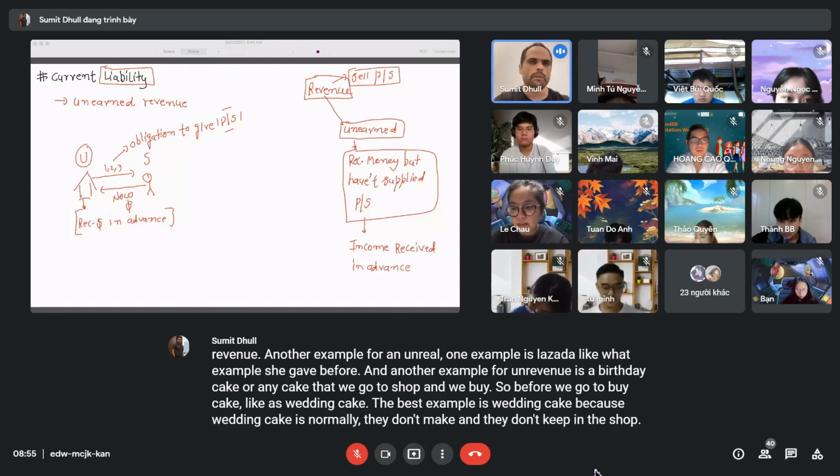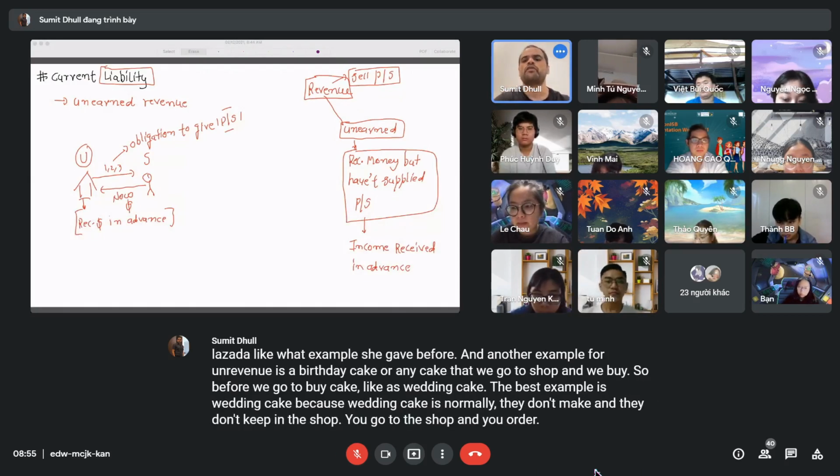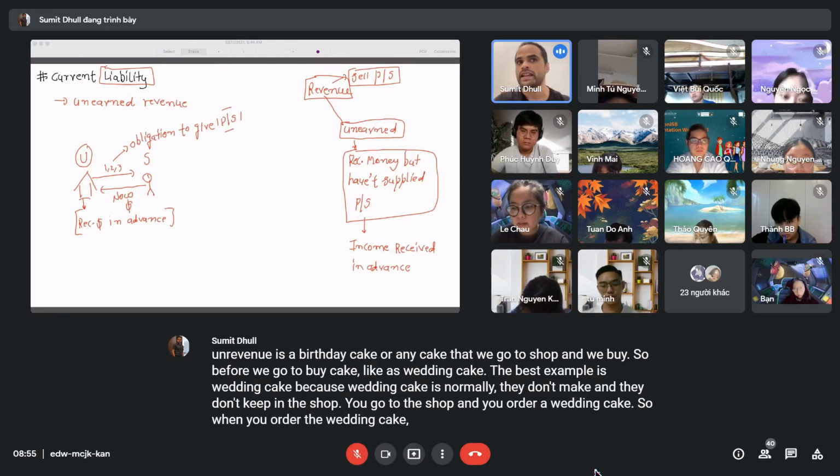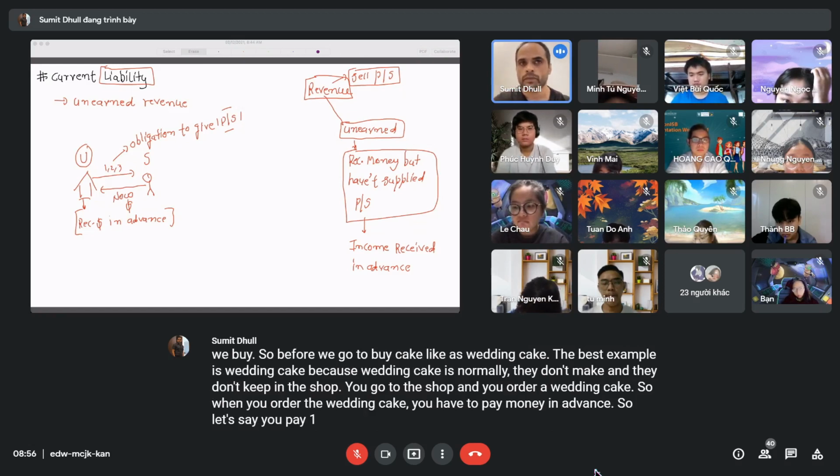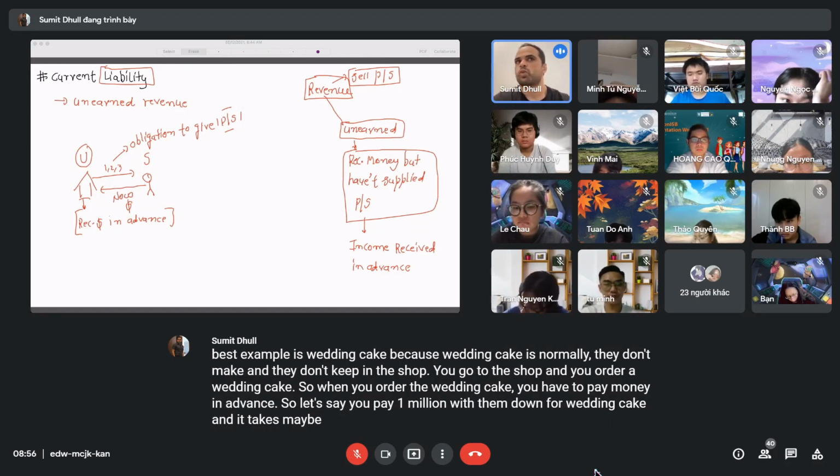You go to the shop and you order a wedding cake. When you order the wedding cake, you have to pay money in advance. So let's say you pay 1 million Vietnam dong for the wedding cake, and it takes maybe 1 week or 10 days to bake the cake.